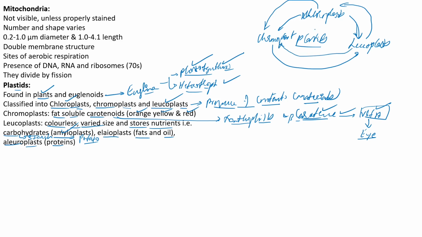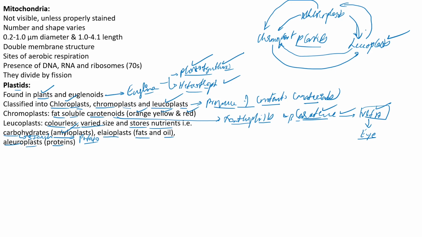The chromoplasts. So each of these plastids are actually interconvertible. Generally you see that the leucoplasts are the ones that are mainly used for converting into chloroplast or the chromoplasts.